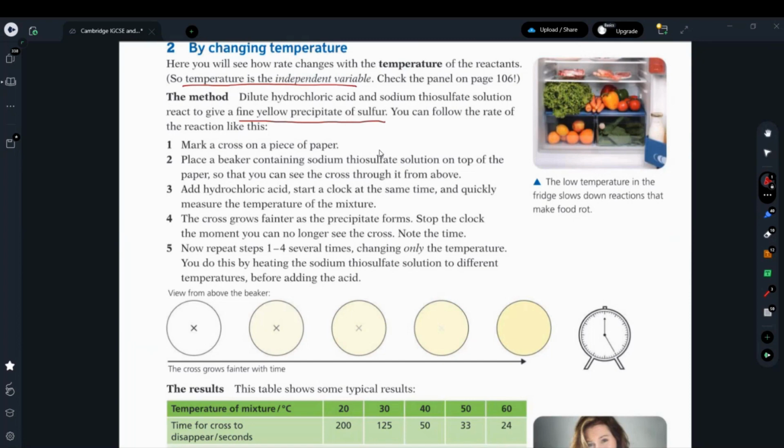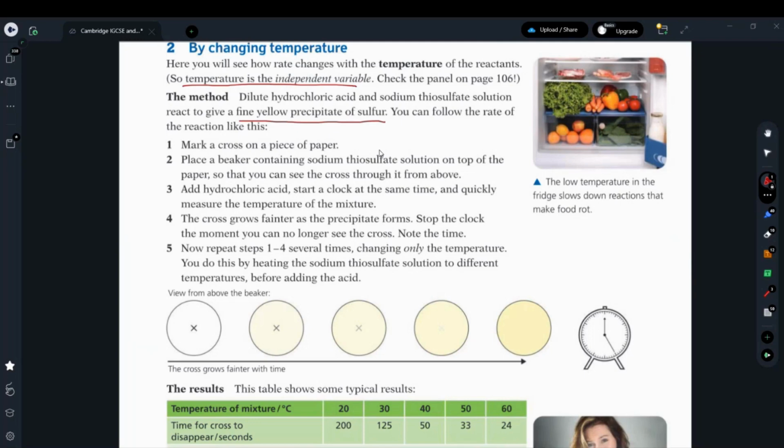Now, in the same case, you take the paper and the solution on top, the beaker all together, and then you add hydrochloric acid from the top. You add it very quickly and start the clock at the same time. Do you understand?